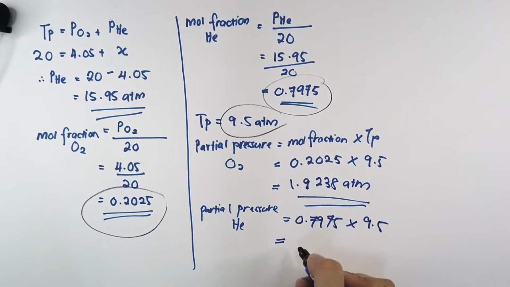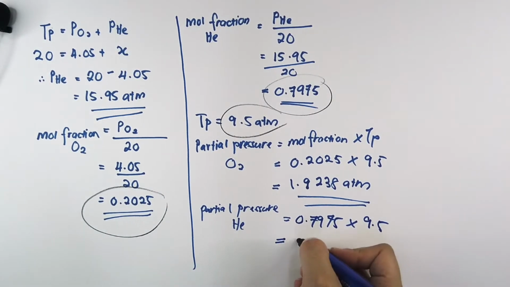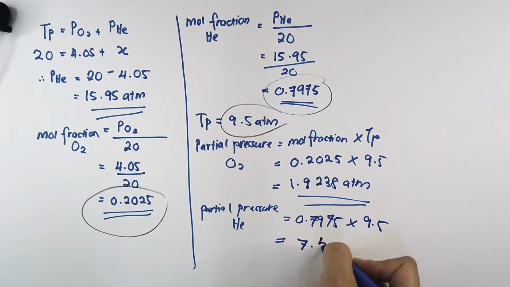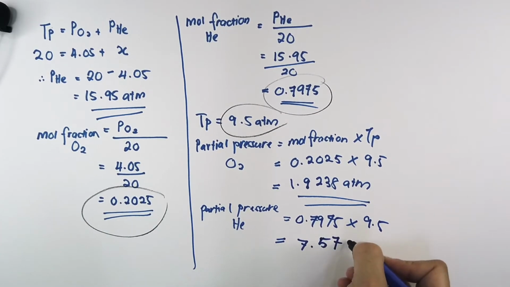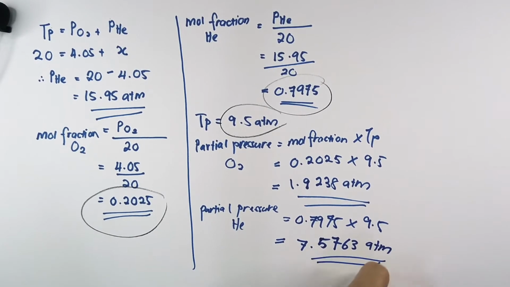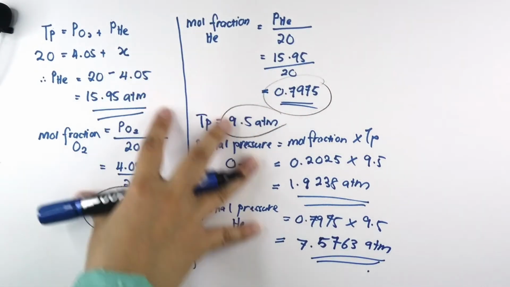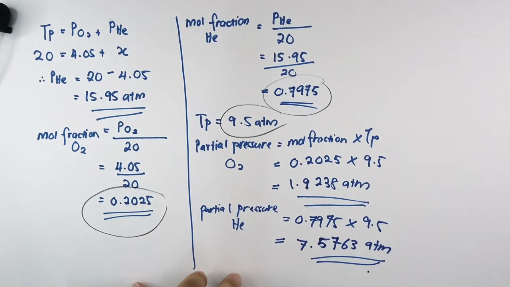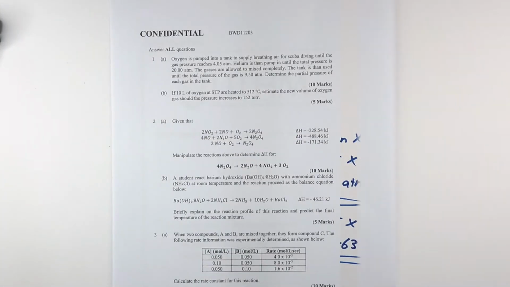Therefore, you should get the partial pressure for helium equivalent to 7.5763 atm. So when you get all this correct, the total marks that you will get is actually 10 marks. Moving on to question number 1b.